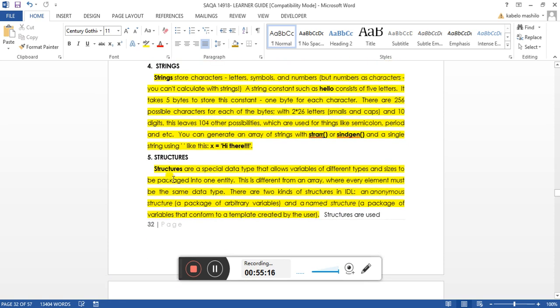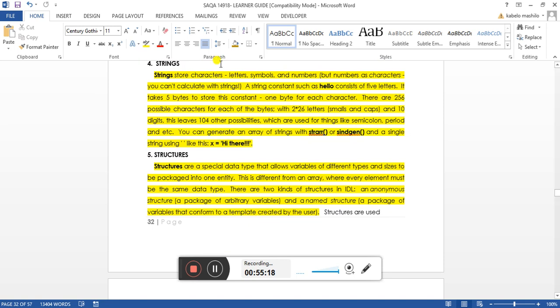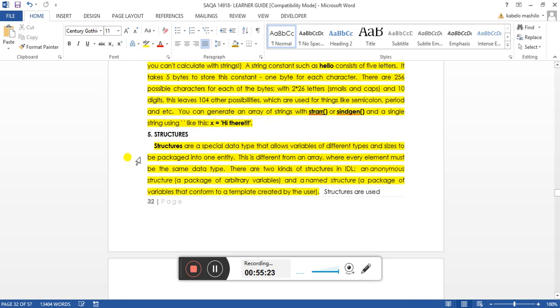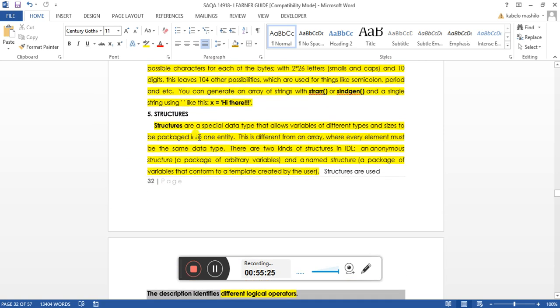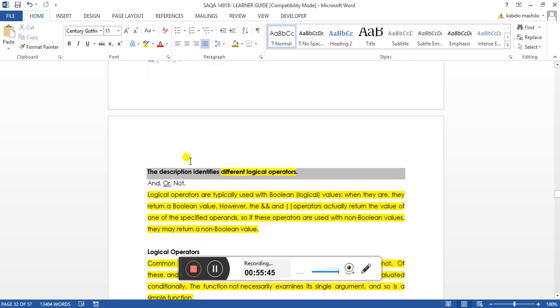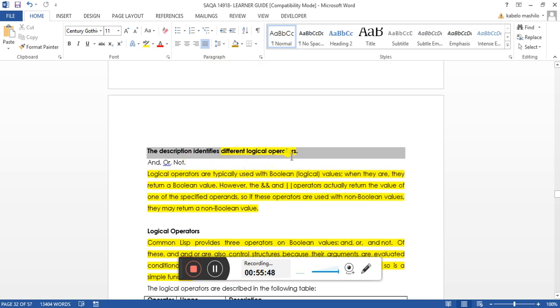Let's look at structures. You read further on the strings. I will just summarize in terms of the topics. Structures are special data types that allow variables of different types and sizes to be packaged into one entity. This is different from an array where every element must be the same data type. Let's look at the different logical operators.